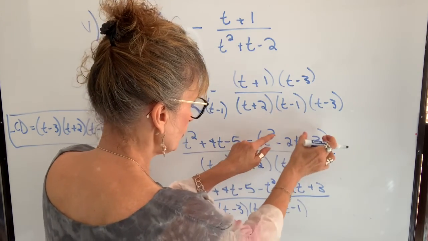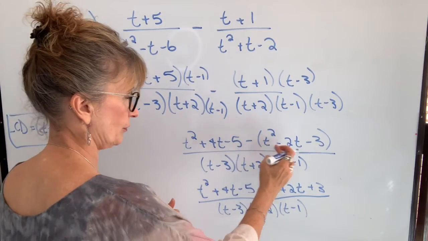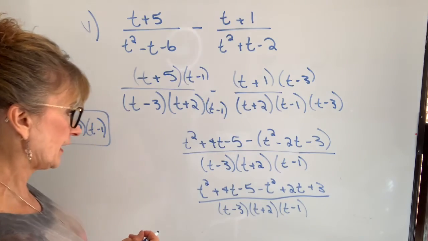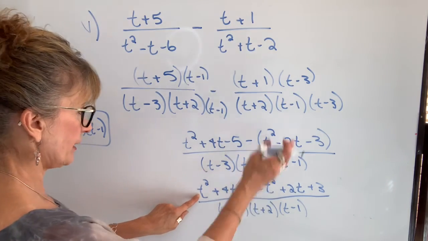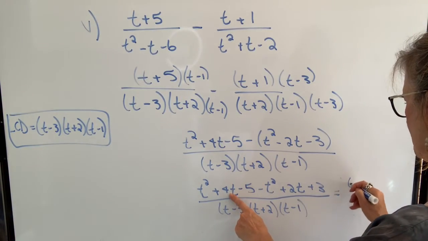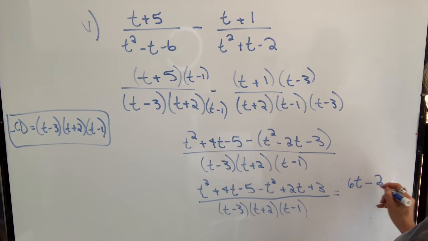You can't touch those terms while they have a grouping symbol around them. So in order to get rid of it, you have to distribute whatever the operation is. In this case, it's multiplying by -1. Now we combine like terms. So I have t squared minus t squared, it's gone. I have 4t plus 2t, which is 6t. Minus 5 plus 3 is minus 2.